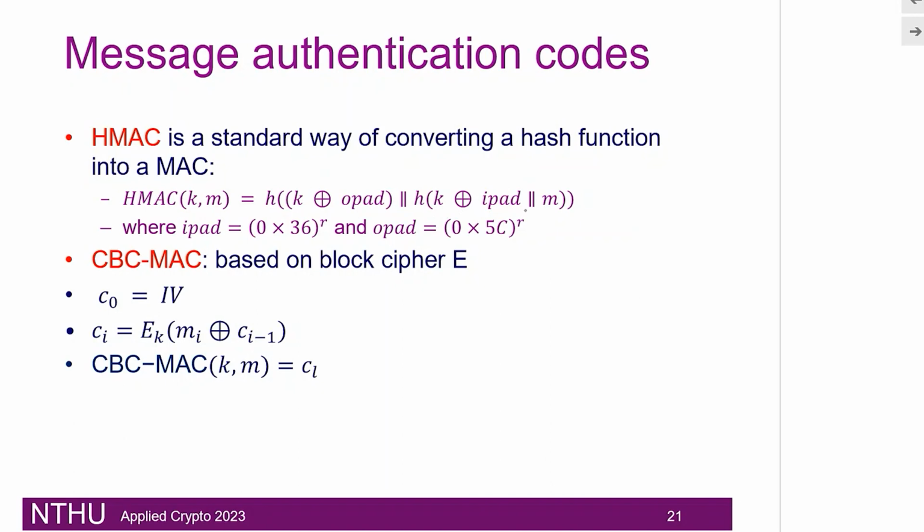They XOR the key with ipad, concatenate it to the beginning of the message, and then hash the entire thing. Once they hash the entire thing, they concatenate the result of the previous step, and then it looks like another hash again. So they hash the hash again. So this is the idea.